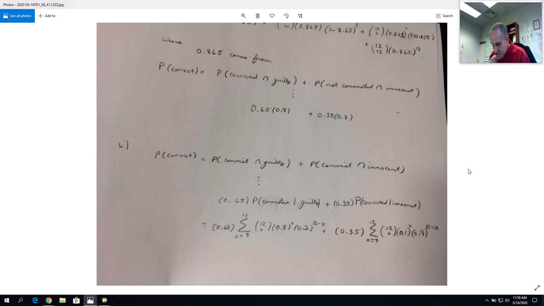If the person is innocent and they vote guilty, that's 10%. So an innocent person will be voted not guilty 90% of the time. So you would multiply 0.35 times 0.9. So I feel like you have those two numbers switched. 0.9 and 0.8 should be switched around.